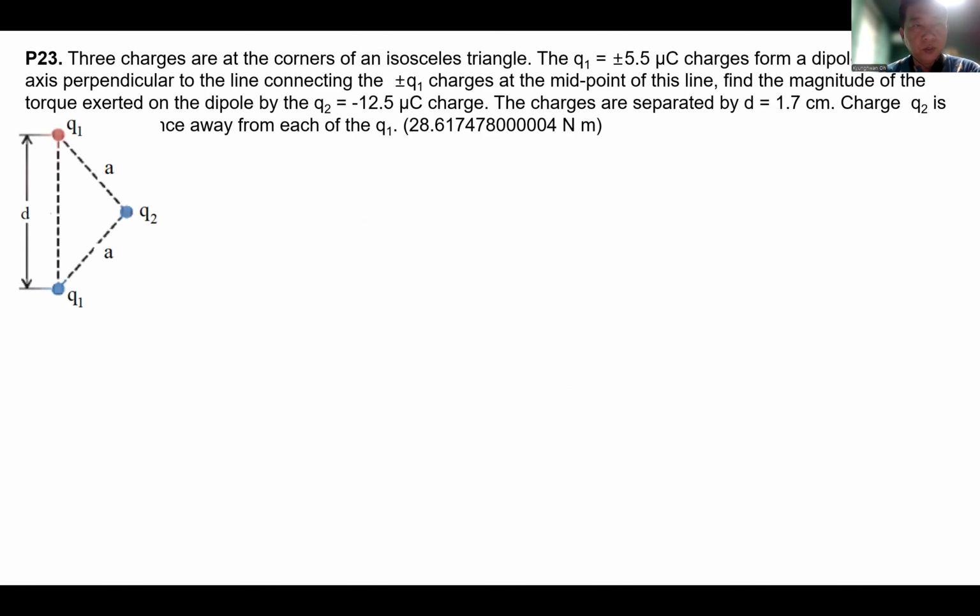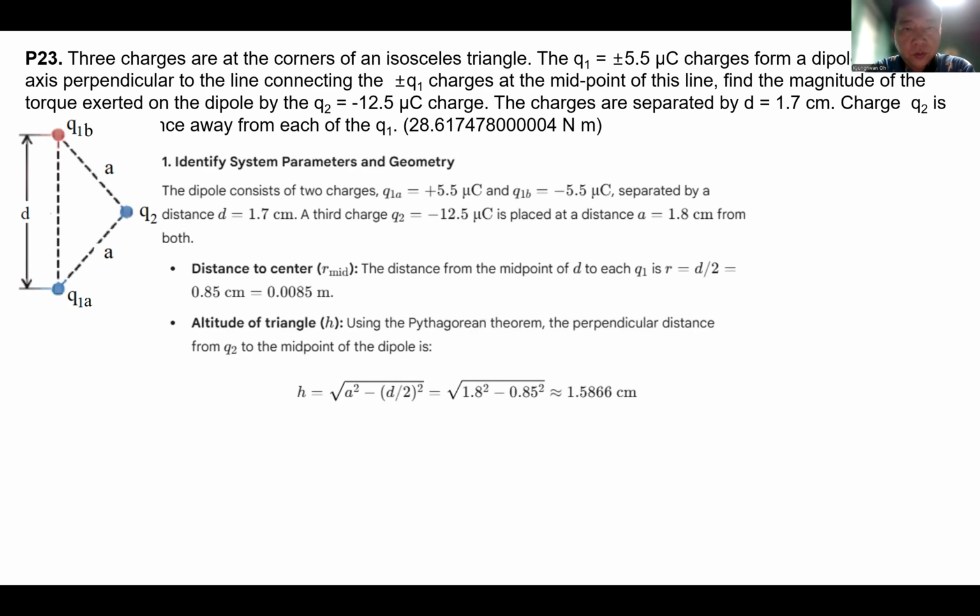So once again, in this same situation, but in this case, we need to find the torque exerted on the dipole by Q. So we need to understand some system parameters.